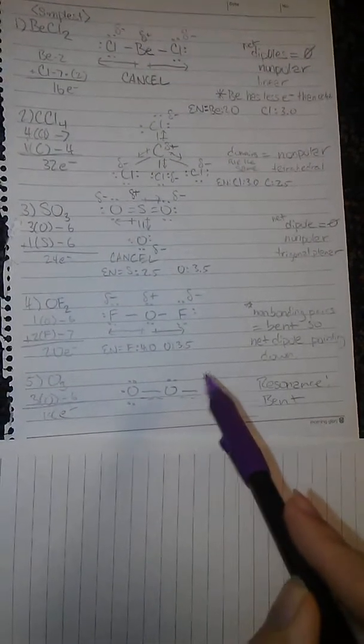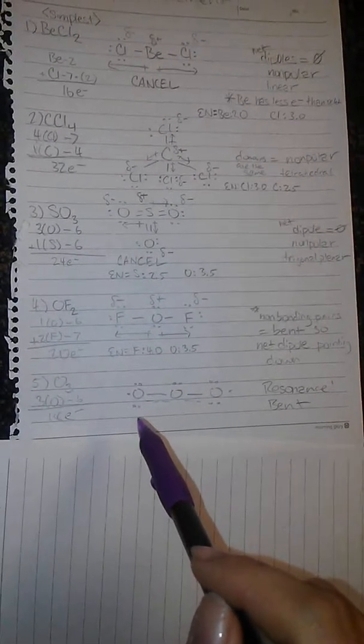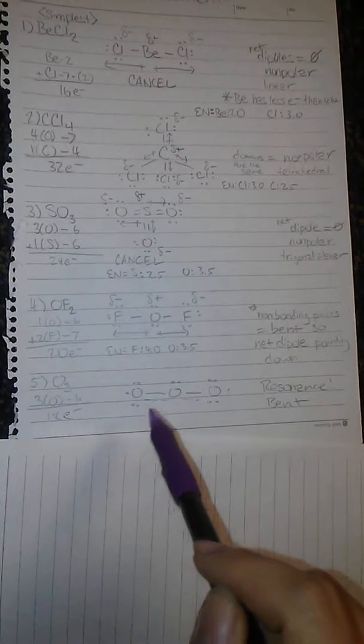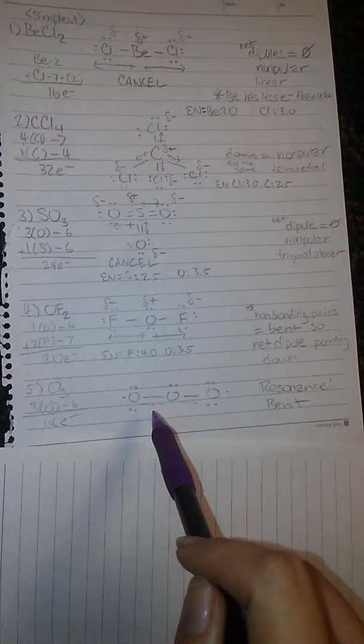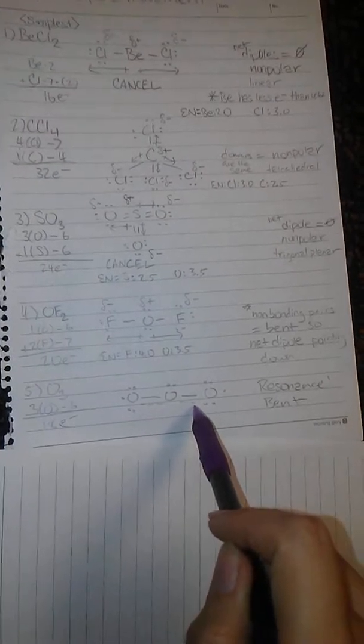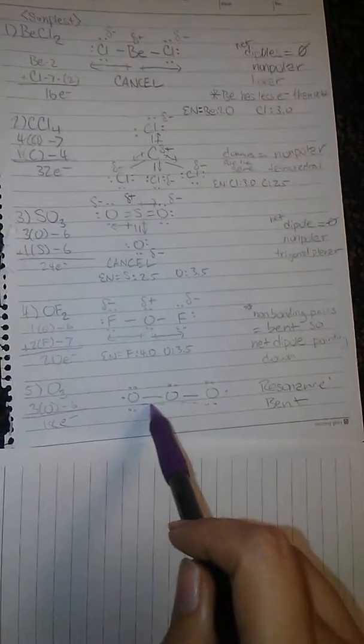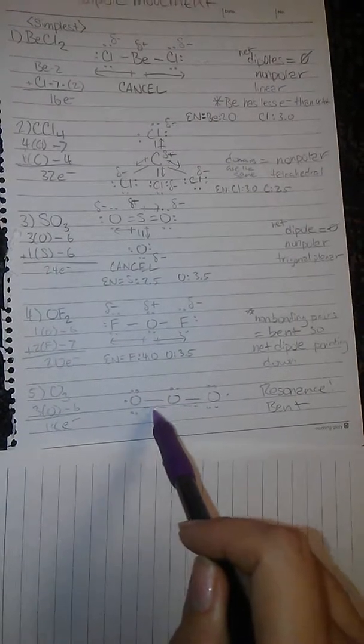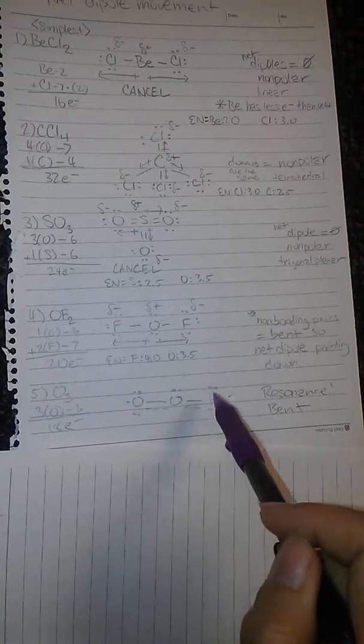For your final one, ozone, O3, it's different. It is a resonance hybrid. That's because you would think that one side has a double bond and the other side has a single bond. However, we share the bonds because you can have one double bond on one side and one double bond on the other side.